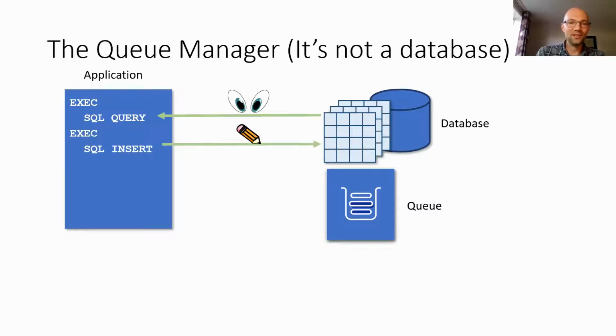Of course, applications can also make updates, so they can insert or update information in a table, and that does change the information stored in the database. But those operations are normally relatively few compared to the number of queries where applications just get to look at the data. And databases can be optimized for that, so that it's most efficient when there are a lot of applications looking at the data, but only a few applications making changes to the data.